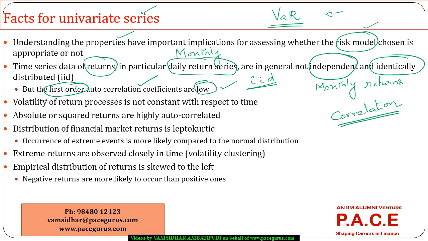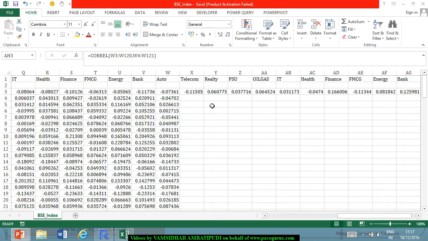Then the other important thing: the volatility of the return process is not constant with respect to time. If I look at the standard deviations for different periods, the standard deviations are going to be different, right?